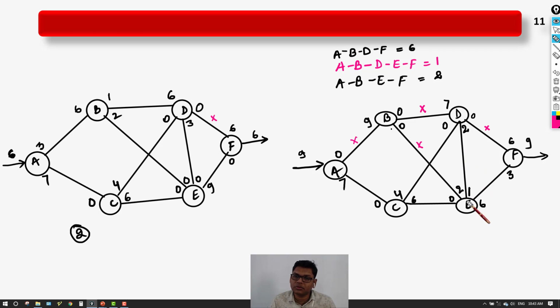So the minimum will be 2, and from E to F 6, means the minimum is 2. So from this path we can send only 2. So just write down how: A, C, D, E and F. How many? 2.